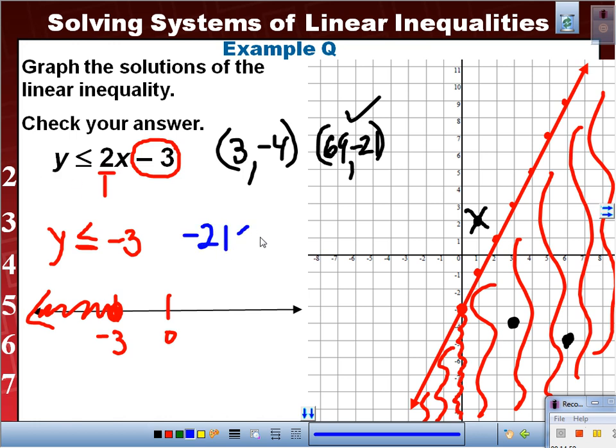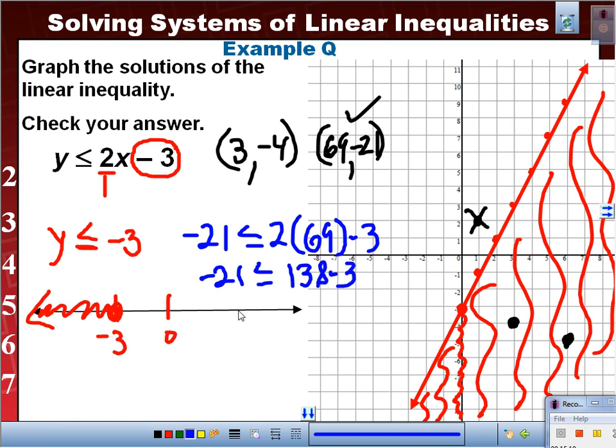Negative 21 less than or equal to 2 times, what is x? 69 minus 3. Let's see. Negative 21 less than or equal to 138 minus 3. Negative 21 less than or equal to 135. Is negative 21 less than 135? Yes. That is true, and that's why that is a solution. That's how you check to see what are the solutions.